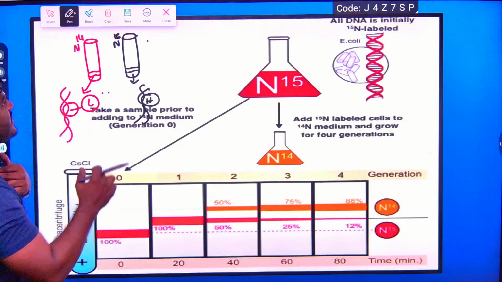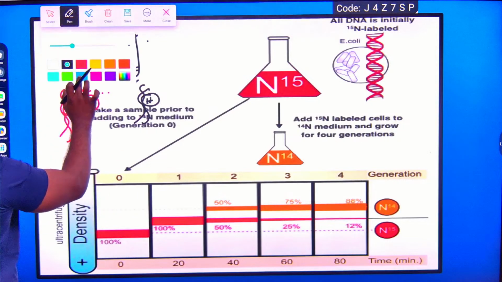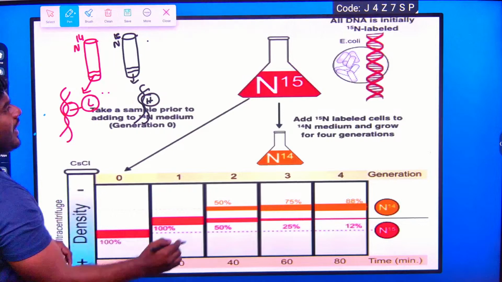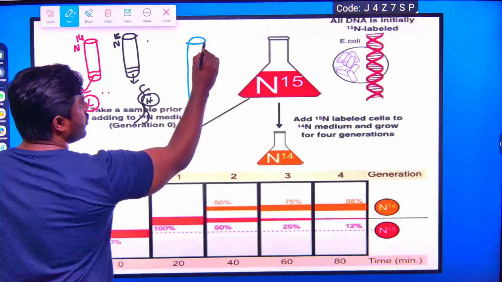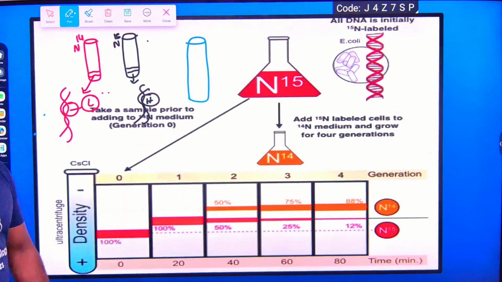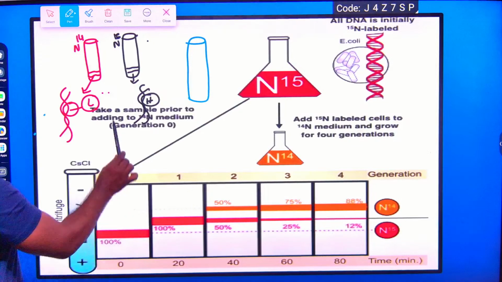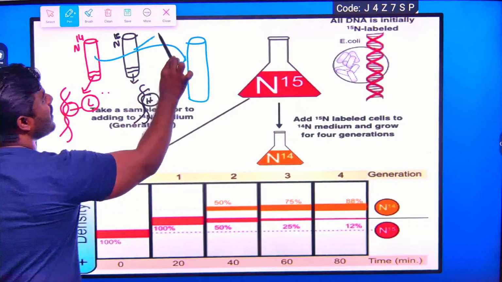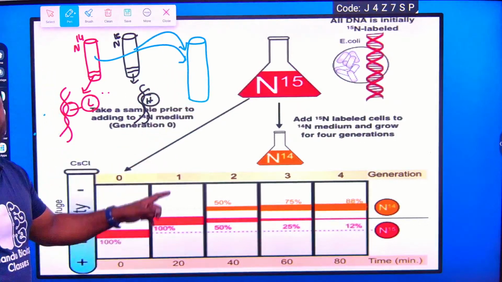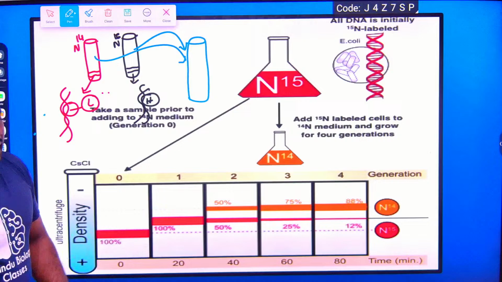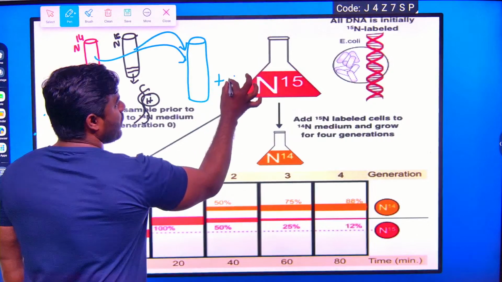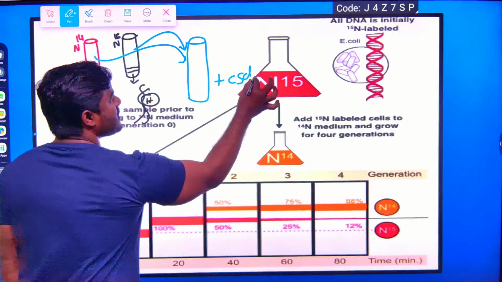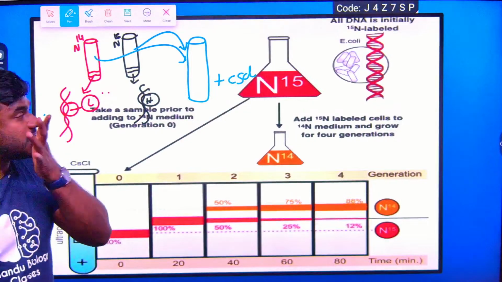Light means only daughter. But what we need is intermediate. Now this time, surprisingly, they have taken a test tube. To this test tube, they have transferred equal concentrations of N14 and N15. Plus, they have also added something called cesium chloride, which is a salt.